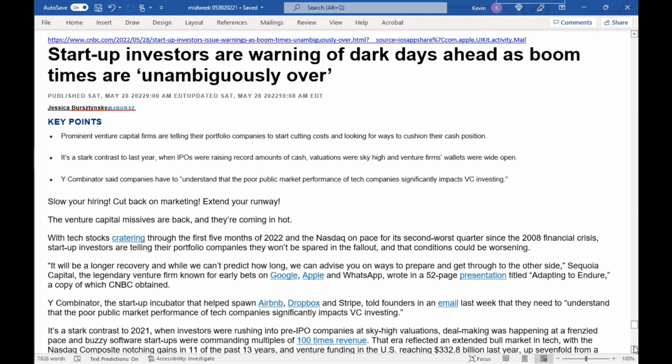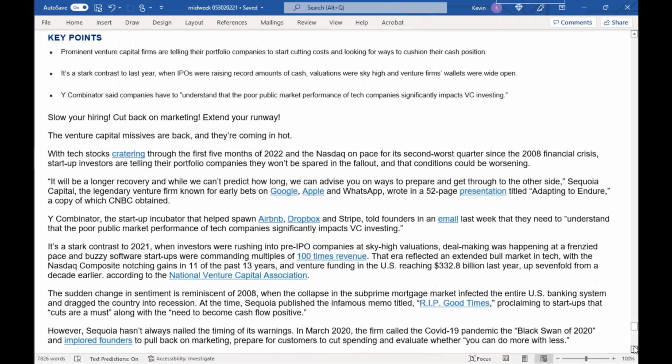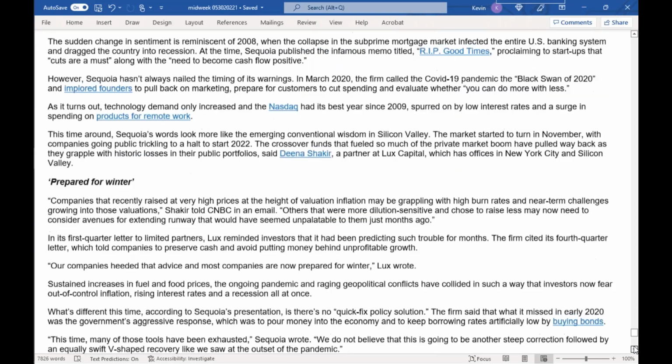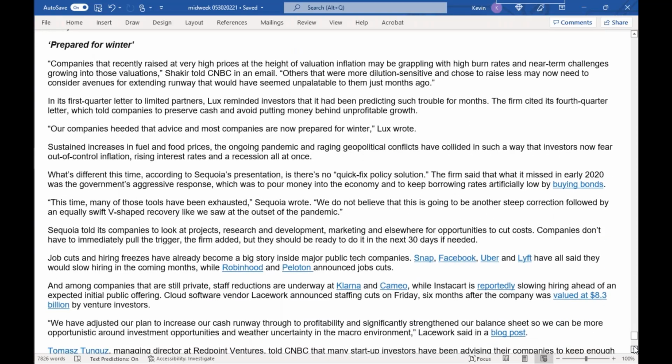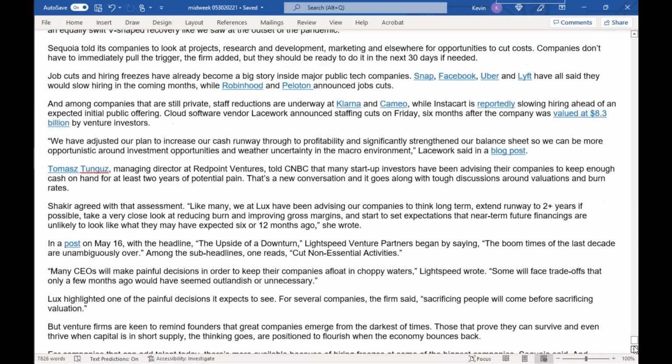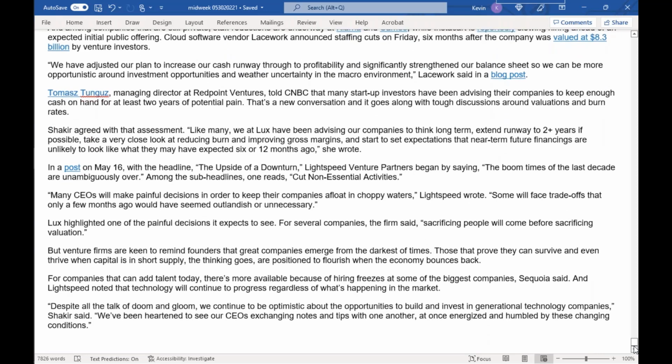And again, startup investors are warning of dark days ahead as boom times are unambiguously over. Just some interesting information on understanding what we're up against and what people are going to be looking for in the near future when it comes to new startups or really growth in the next year.